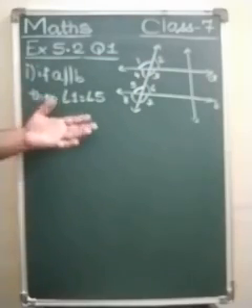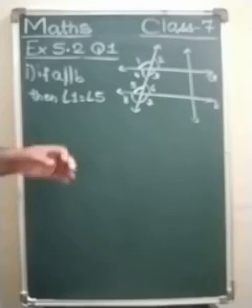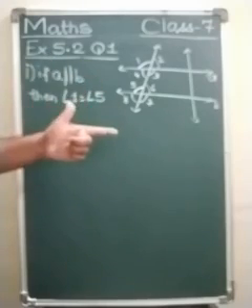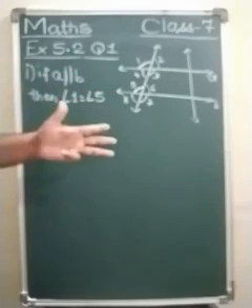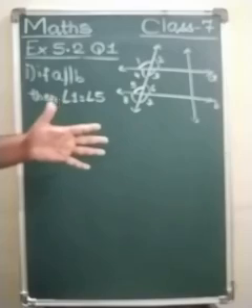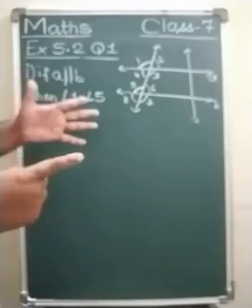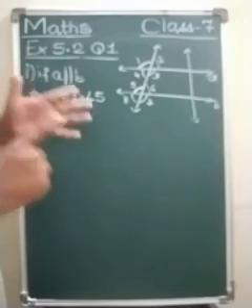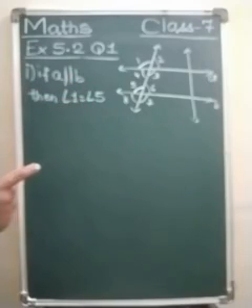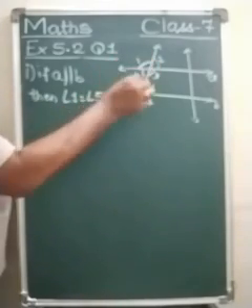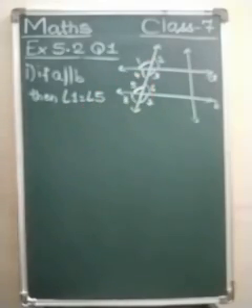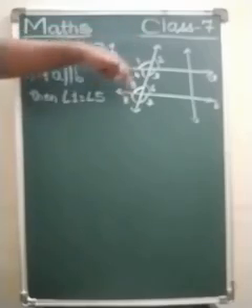In the last video, we have seen 6 types of angles: interior angles, exterior angles, corresponding angles, alternate interior angles, alternate exterior angles, and interior angles on the same side of the transversal. So you can see here that angle 1 and angle 5, they are corresponding angles.